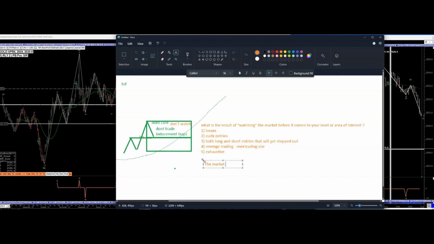The market knows you are not patient. The market's not dumb. Those guys, whoever's manipulating it, they're very smart. The market knows you are not disciplined, and that you're FOMO driven and greedy.